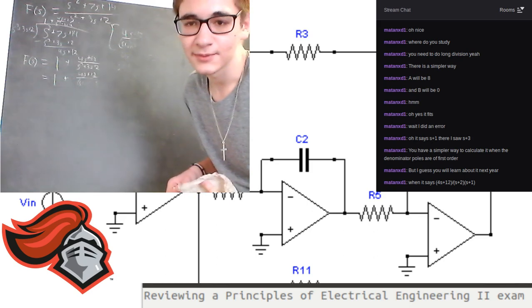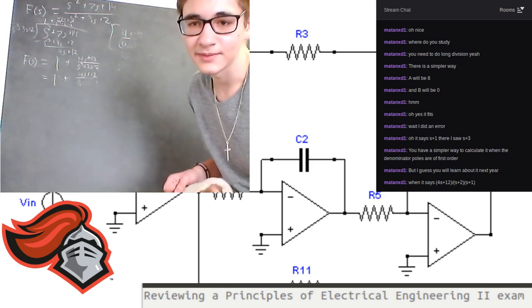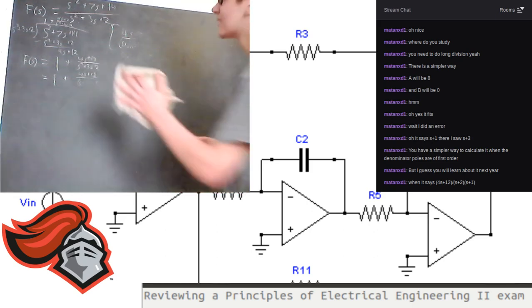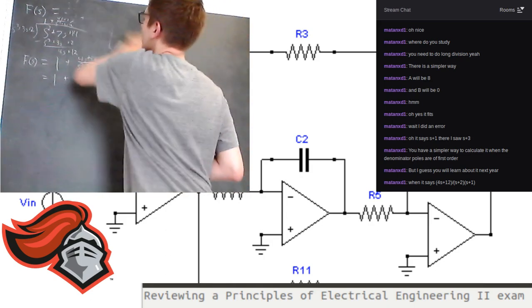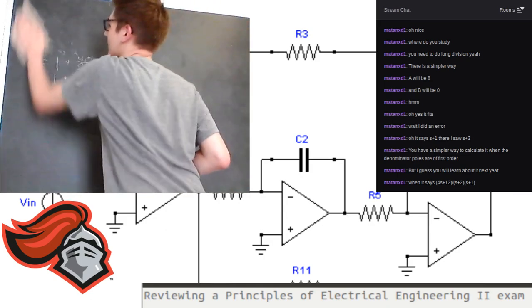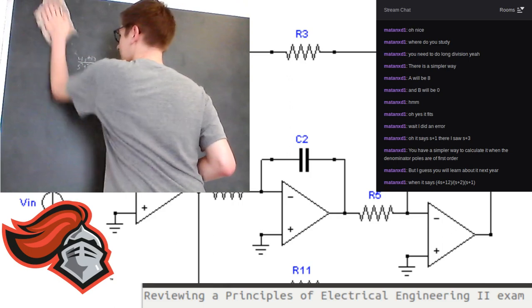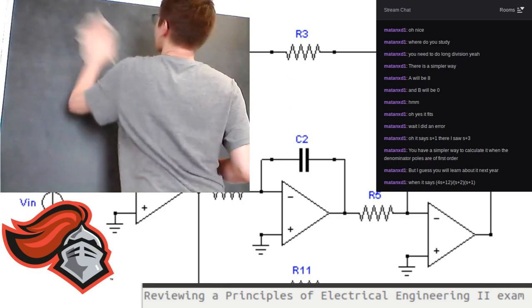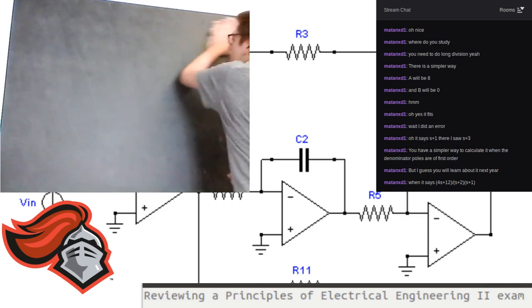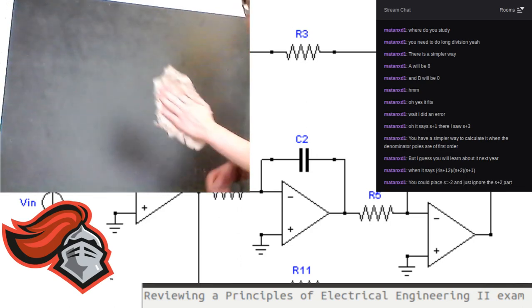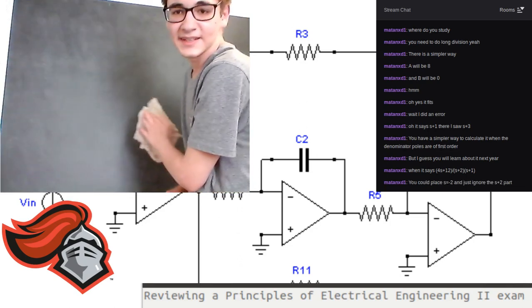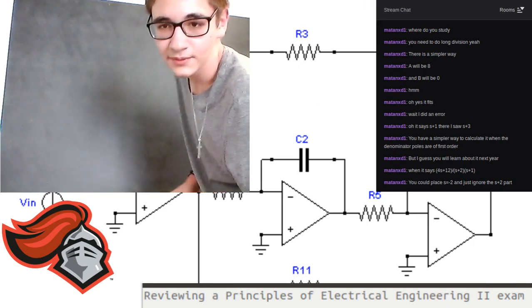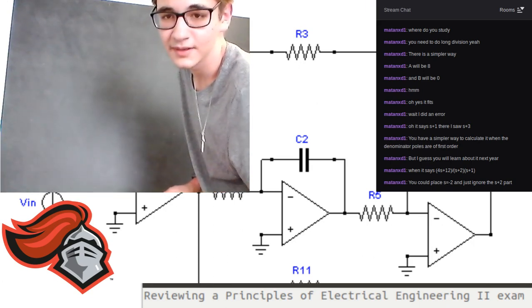Whence is 4s plus 12 divided by (s plus 2)(s plus 1). You could place s equal -2 and just ignore the s plus 2 part.